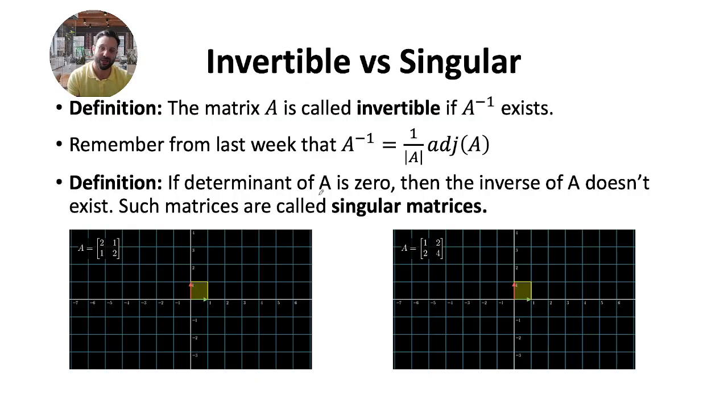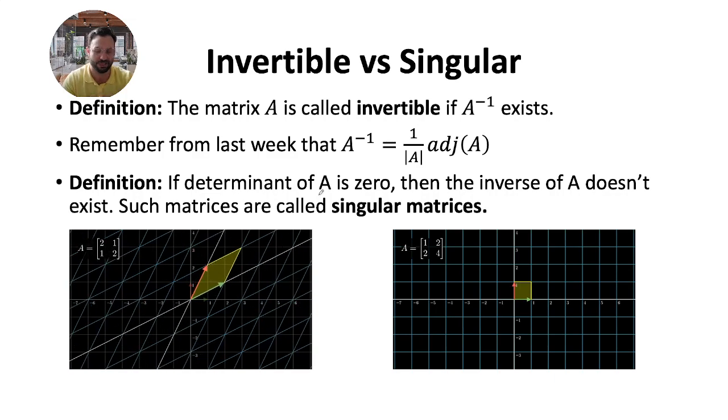In order to find the answer to these solutions, we take the inverse of this matrix. If the inverse can be taken, it is called an invertible matrix, when A inverse exists. And we argued last week that if the matrix warps the space in some way, its inverse can take it the other way.